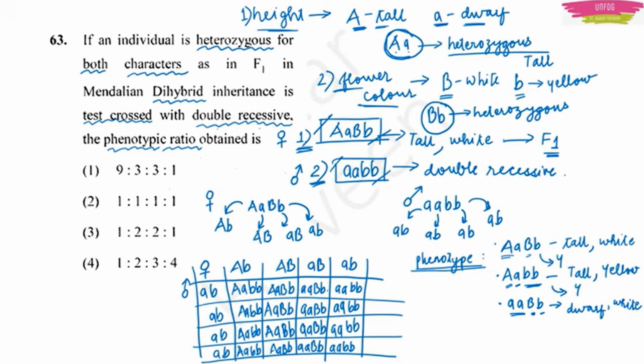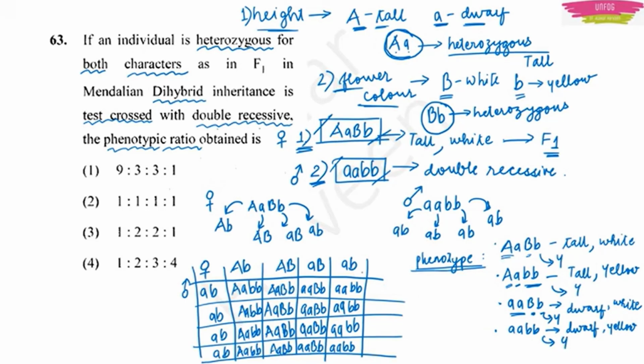How many such plants are we getting? We are getting 4 such plants. Now next type we have is small a, small b, small b. They are both recessive, homozygous recessive. So we are getting dwarf yellow colored flowered plants. How many such plants are present? 4 such plants are present.